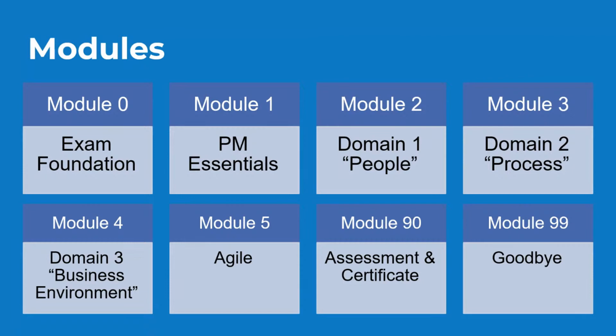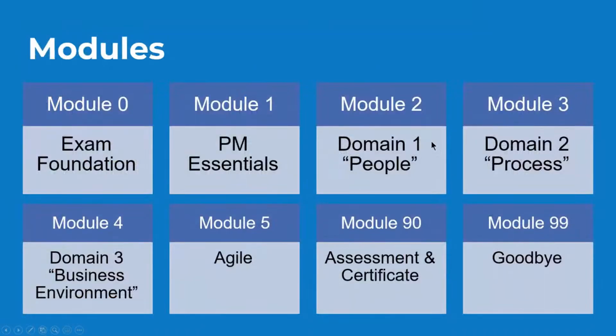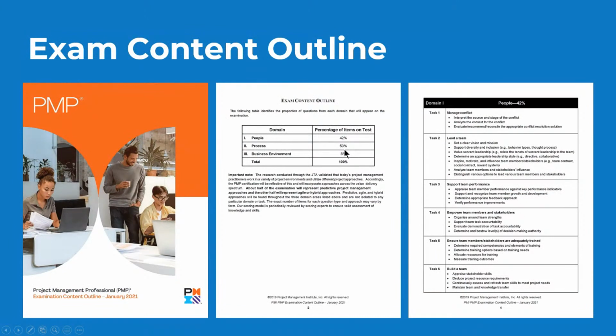If you watched any of my previous lessons, you know how I keep saying that the exam content outline is the most important document for the PMP exam, right? And here we go. In the middle, you can see people, process, business environment matches perfectly with the people, process, business environment that we have here, right? And then these are the tasks and the enablers here on the right-hand side, right?